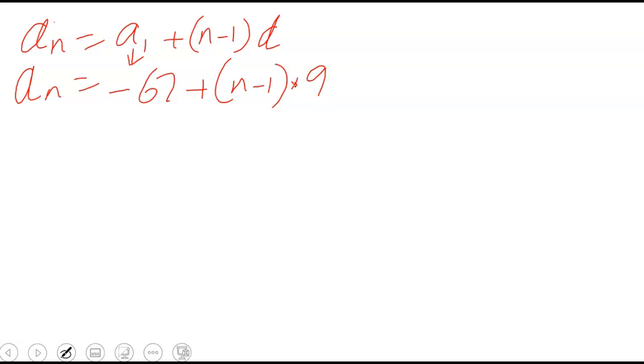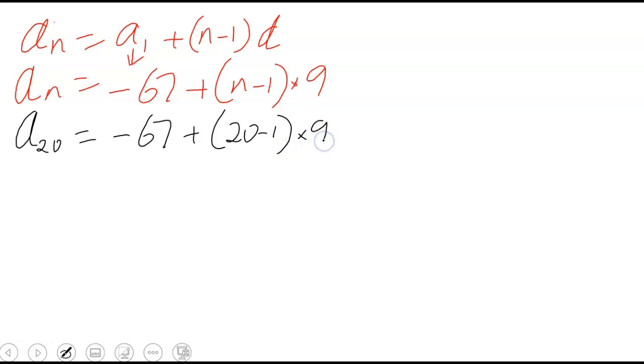We can use this to find A20, which is -67 plus 20 minus 1 times 9. So that's -67 plus 19 times 9.